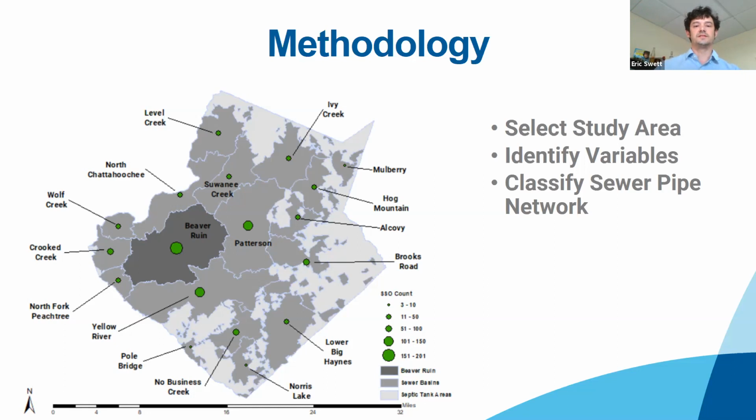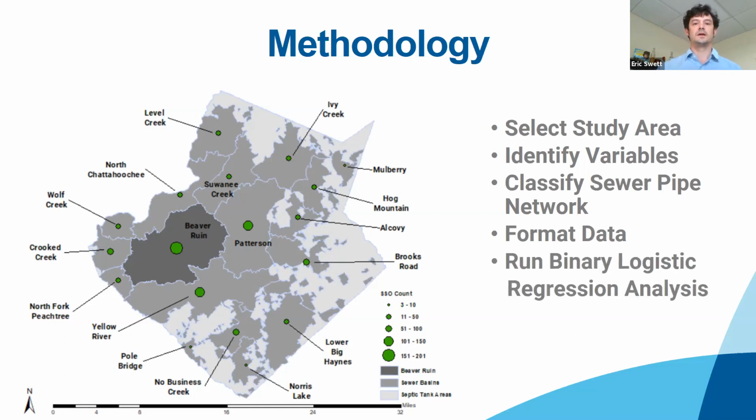So I went through the steps to classify the sewer system based on stream ordering, which was pretty interesting. The next part was to format the data. Not all the data was numeric, so I had to categorize and transform some of the data to work with the regression. And the last step was to go through a series of binary logistic regression analyses using SPSS, which is an IBM product.